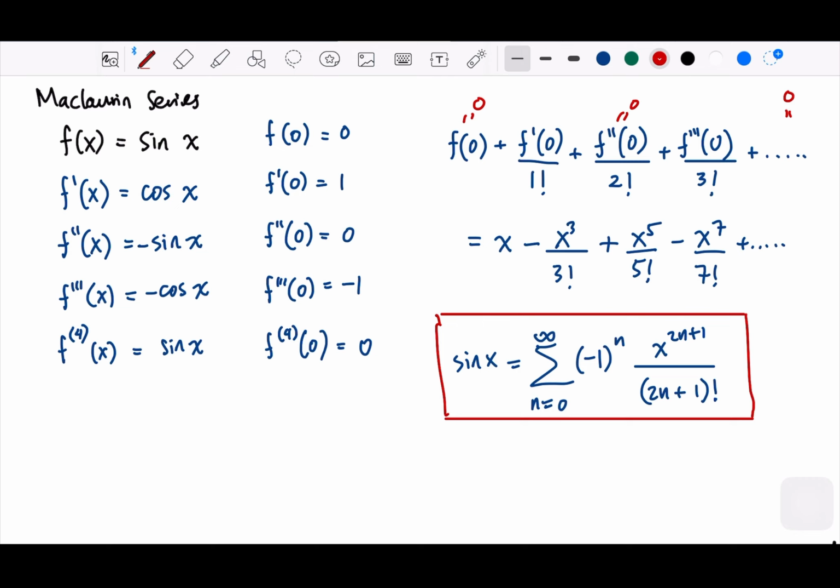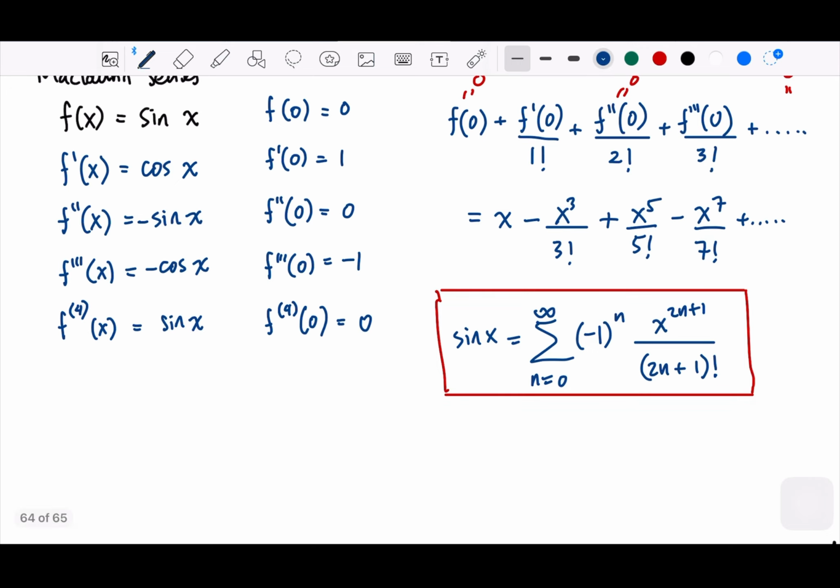And if you want to prove it with Taylor's inequality, to find the limit of the error, the remainder, we can do that as well. First, if we look at this pattern, the functions become sine and cosine, which have maximum and minimum values 1 and minus 1, right?